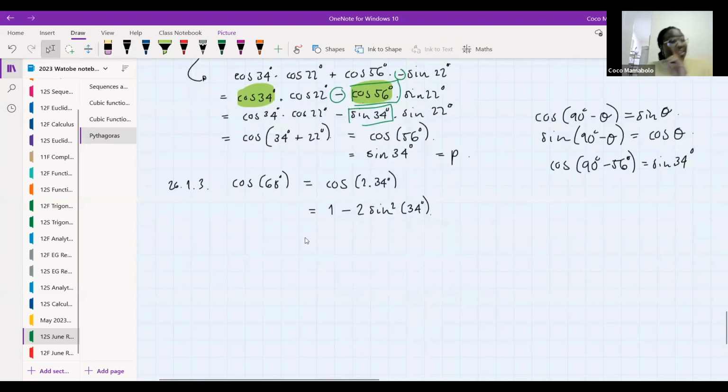Sorry, I was only checking if it's squared. So at least I'm justified. So we're going to get 1 minus 2 times p squared. Okay, I can just write 2p squared. Okay, 1 minus 2p squared. There we go. All right.